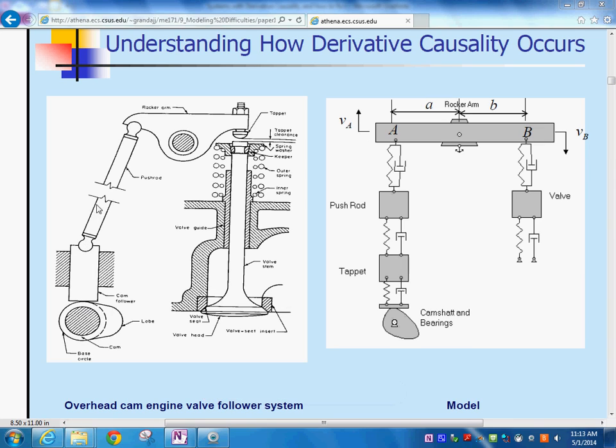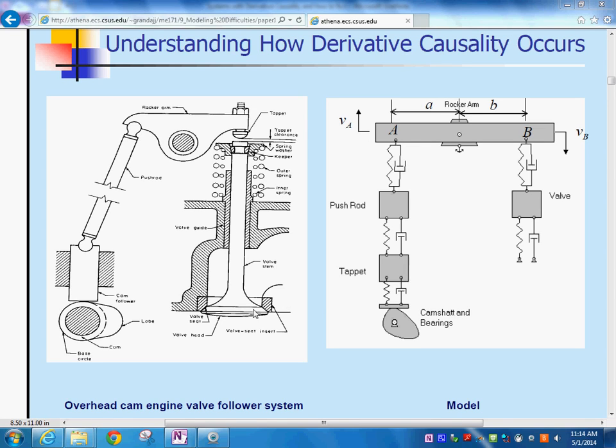So this is lift up, and the motion would be carried through this push rod to this little part in here that is a rocker arm. And then you have this valve, which could be an intake valve or an exhaust valve.